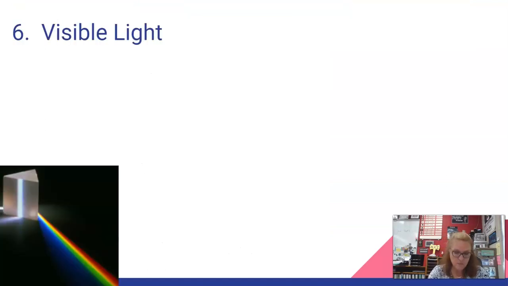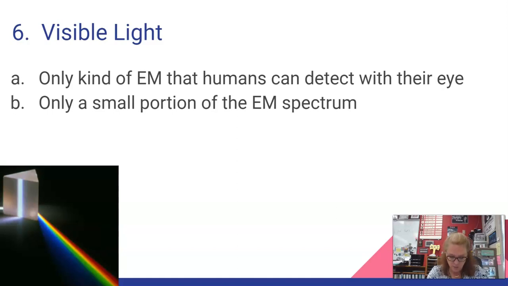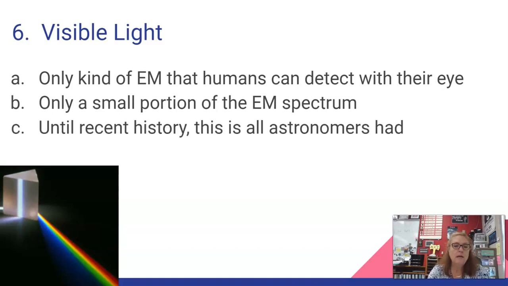Okay, so let's talk about visible light. Visible light is the only kind of electromagnetic radiation that humans can detect with their eye. It's only a small portion of the electromagnetic radiation. Until recent history, this is all that astronomers had, their visible light.